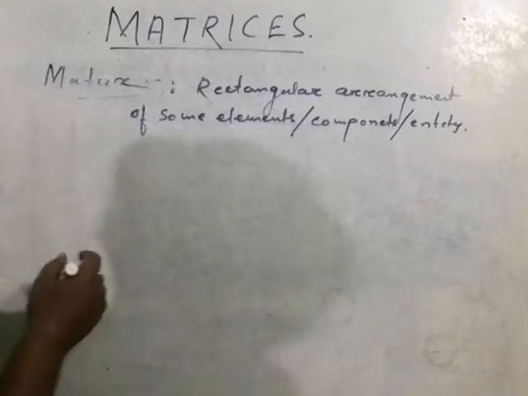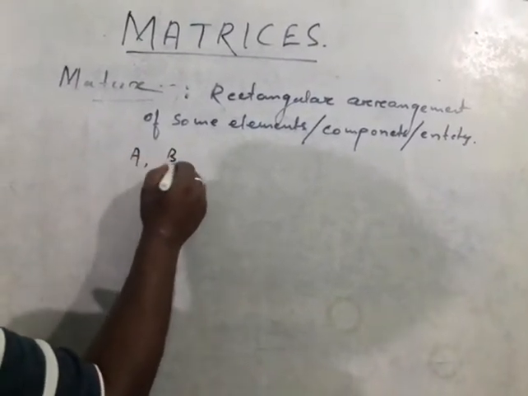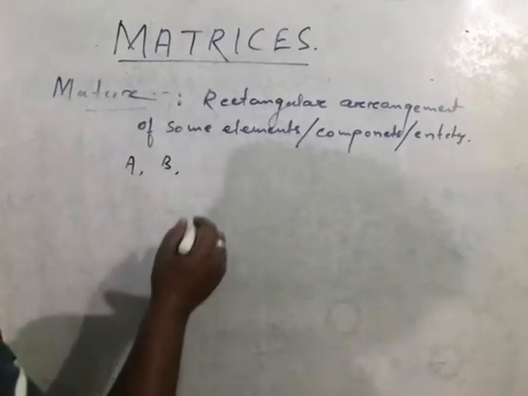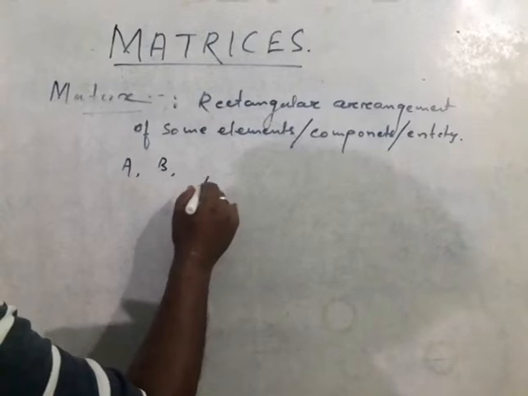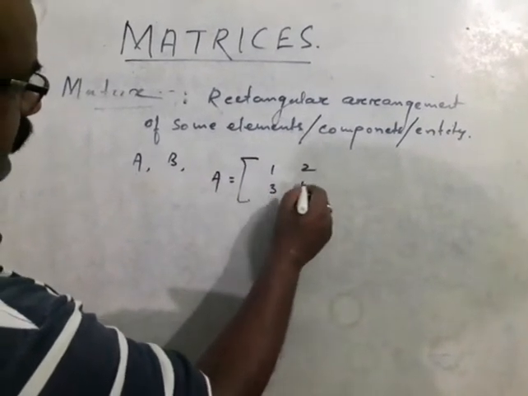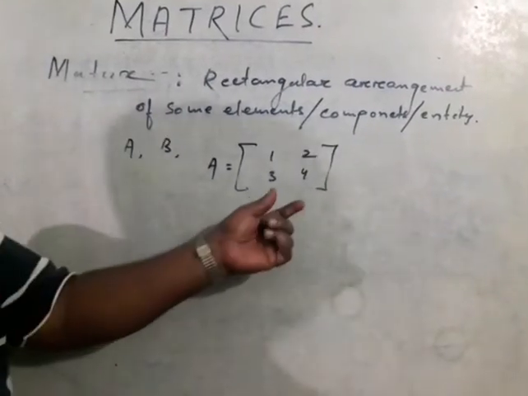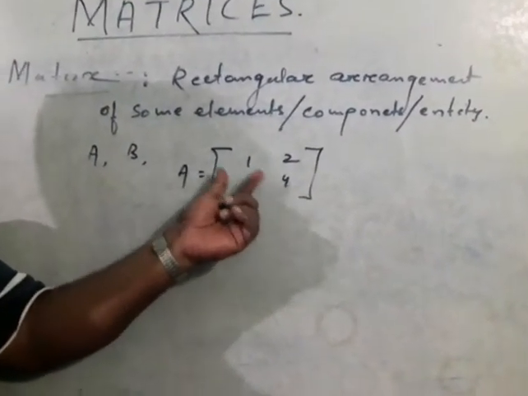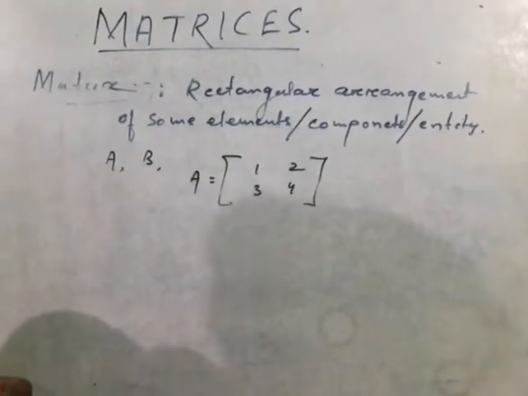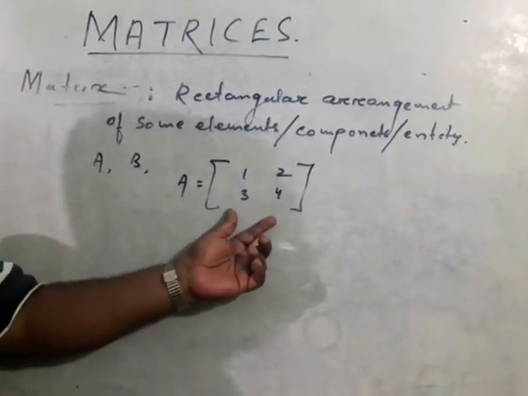It can be symbolized as capital letters A, B, C, etc. For example, if we say that A is equal to 1, 2, 3, 4, it is a sort of matrix. It's an arrangement of numbers 1, 2, 3, 4. And in this case, A is said to be a matrix containing 4 components or 4 numbers.